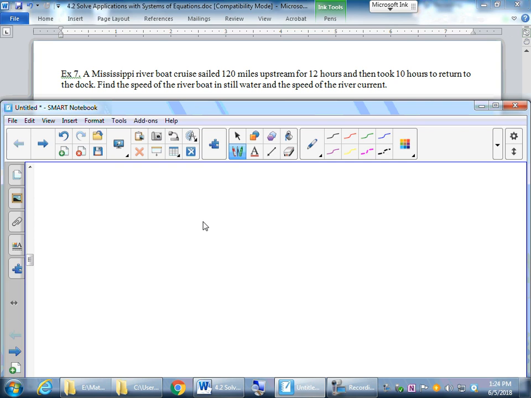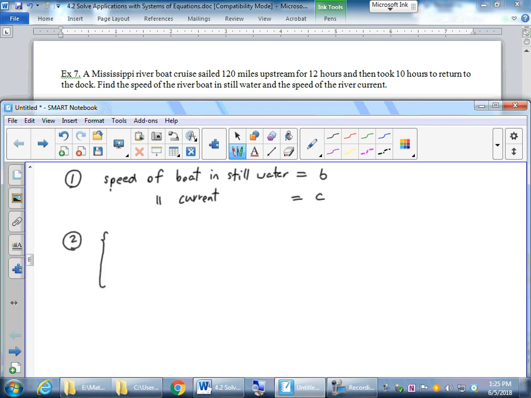In this case, step 1, we need the speed of the boat in still water. Let's say B, and we need the speed of the current, that is equal to C. Step 2, set up the equations.